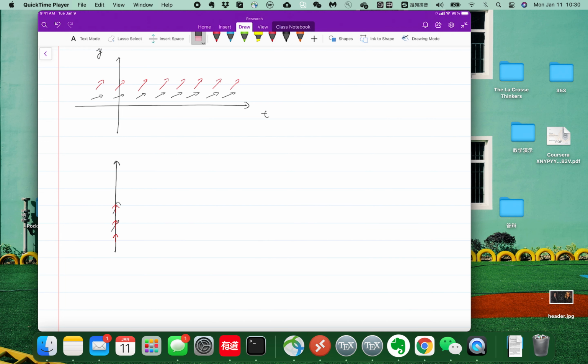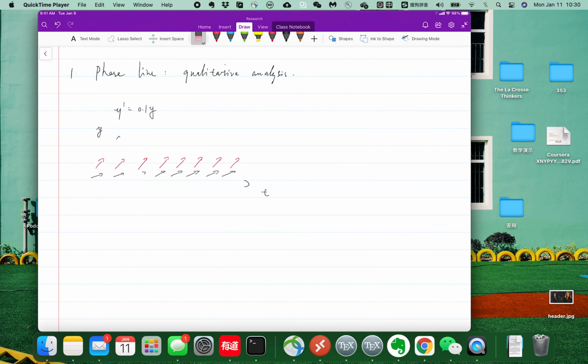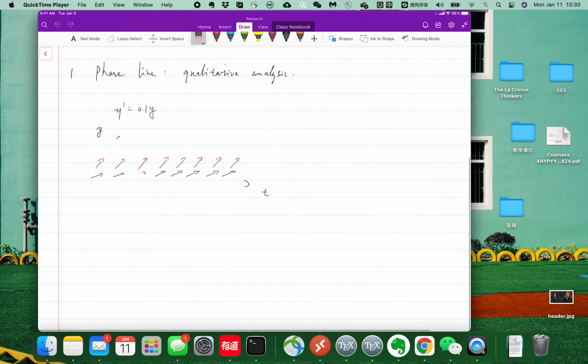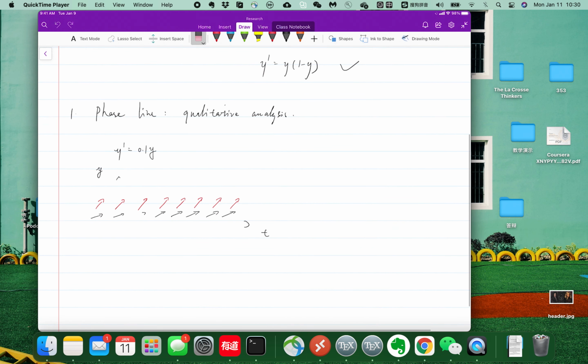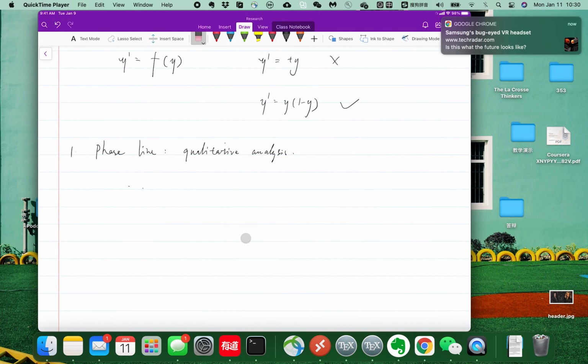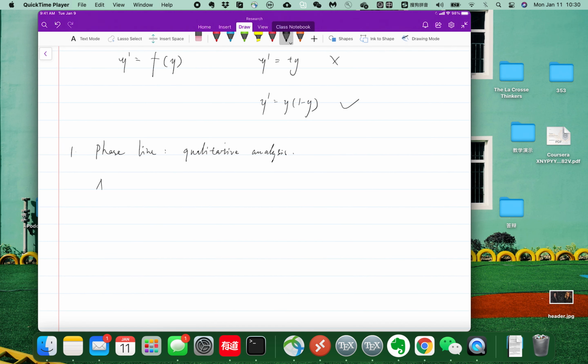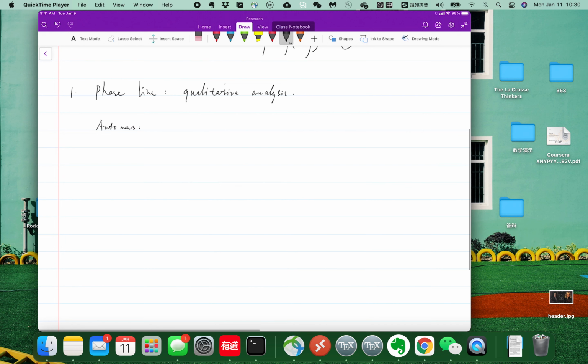Okay, so let me say this. For autonomous, all we care about is the vector field at y. Therefore, we don't need a t-axis. We just need a y-axis.